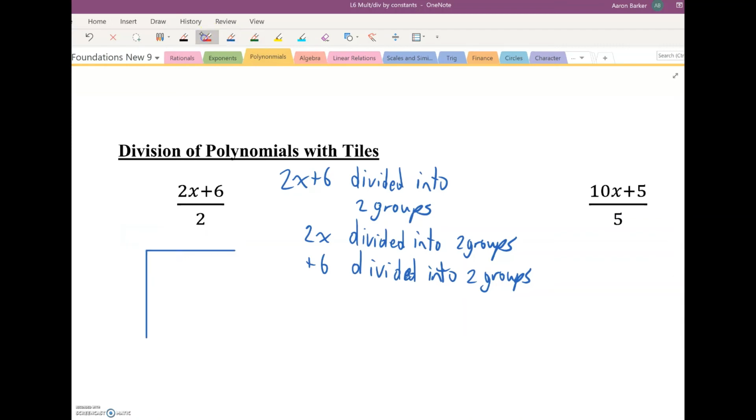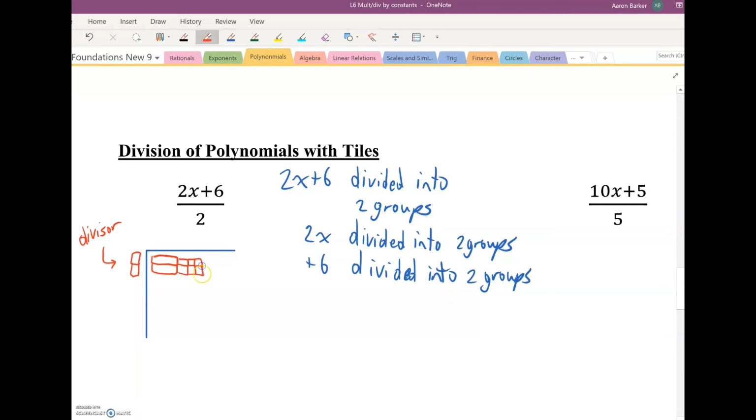So what I like to do is I like to put down my divisor first. So this here is my divisor. Okay. Then here's going to be my 2x. How do I divide 2x into two groups? Simple. There we go. How to divide 6 into two groups? Well, it's going to be two groups of 3. So there's 1, 2, 3, 1, 2, 3.